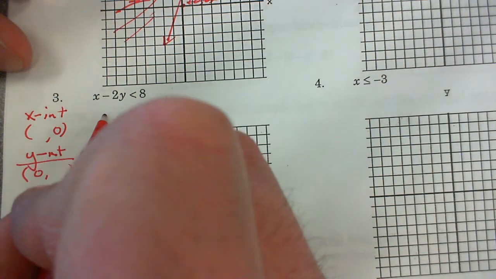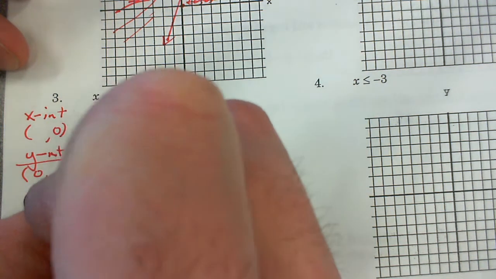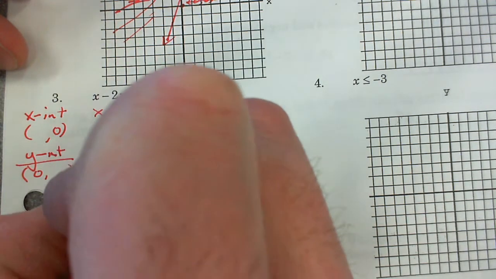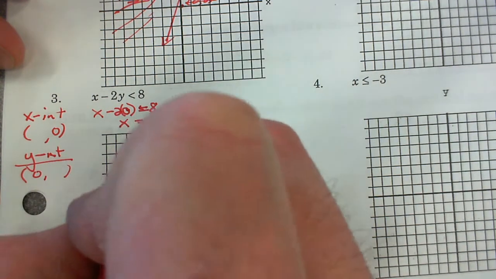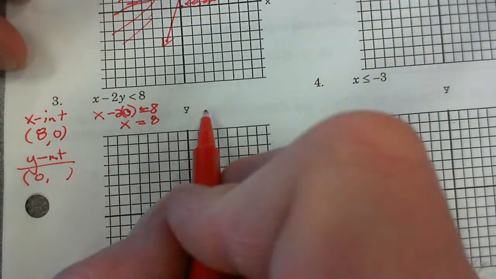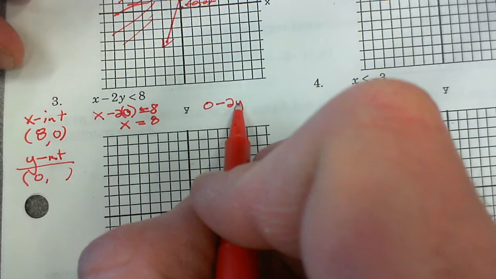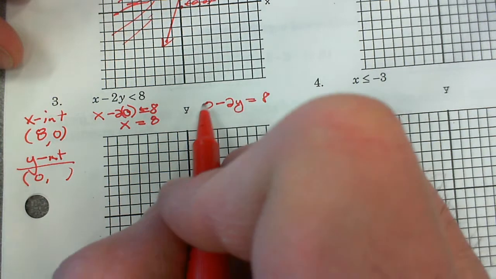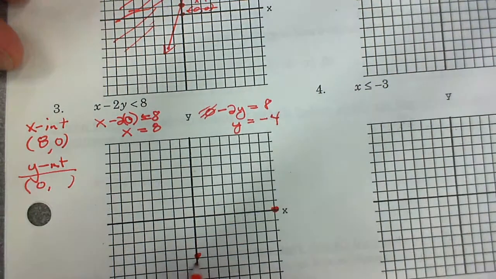If we plug this in here, you're going to get x minus 2 times 0 equal to 8, because it's going to be an exact value. So then that gets you x is 8. That's why that was 8. This is an 8 here. And then over here, if we did 0 minus 2y equals 8, well, now that's gone. So y equals -4. Okay?